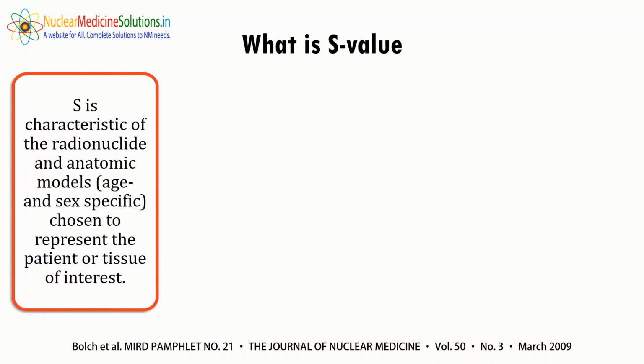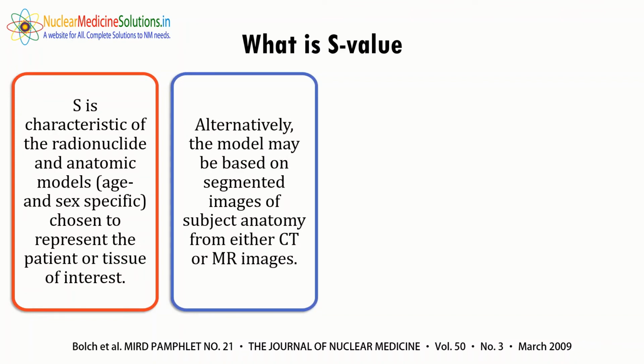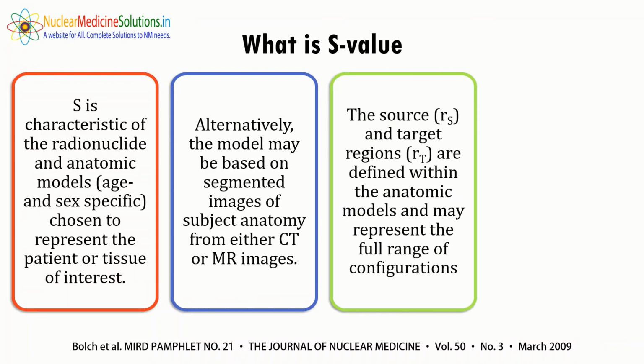So what is the S value? S is the characteristic of the radionuclide and of anatomical models which are age and sex specific, chosen to represent the patient or tissue of interest. Alternatively, the model may be based on segmented images of subject anatomy from either CT or MR images.